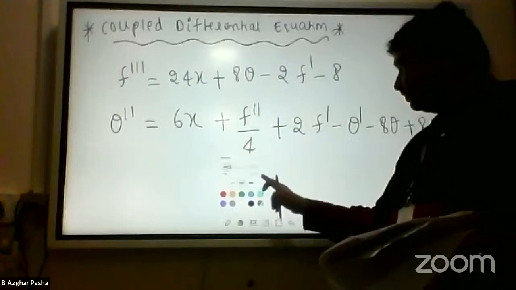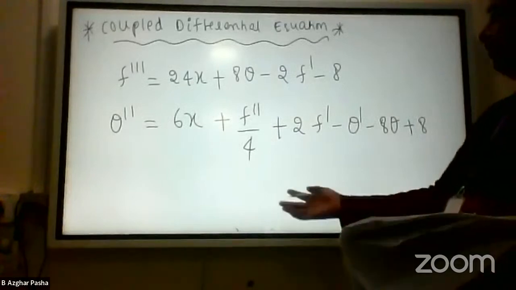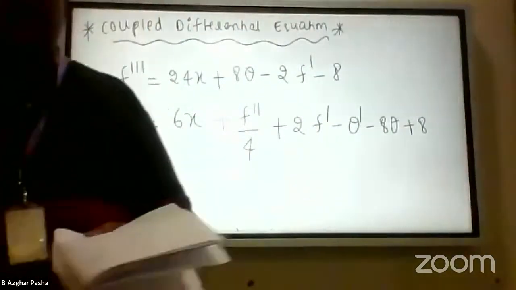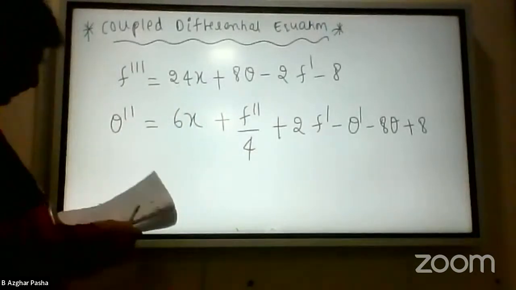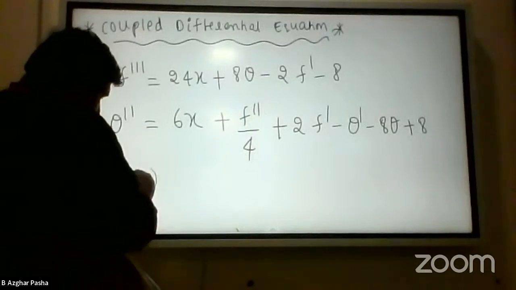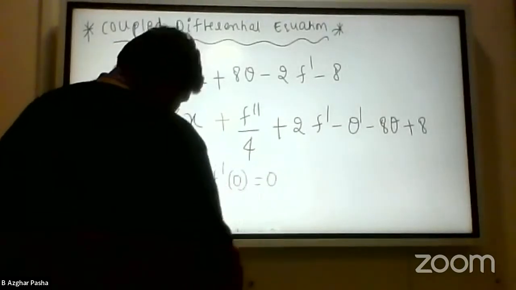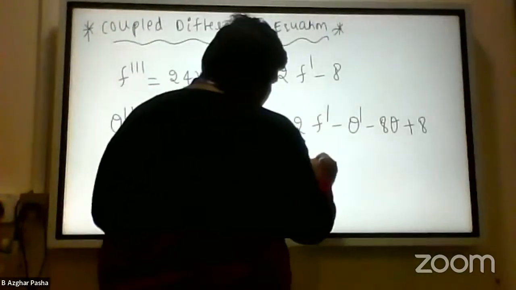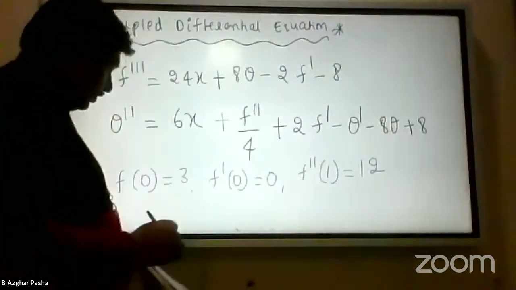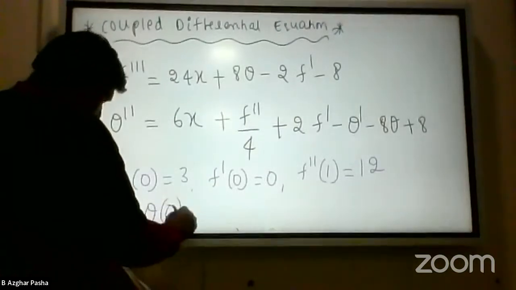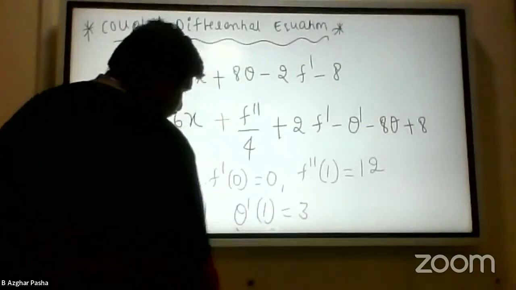You get such equations when you solve problems related to fluid flow, temperature equation here and the velocity equation there. So degree 5 in total: third degree here, second degree here, so 5 conditions are required. Suppose conditions are like this: f of 0 is equal to 3, f dash of 0 is equal to 0, f double dash of 1 is equal to 12, theta of 0 is equal to 1, theta dash of 1 is equal to 3.